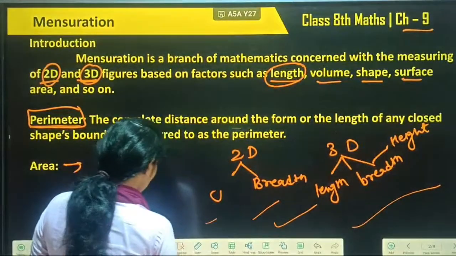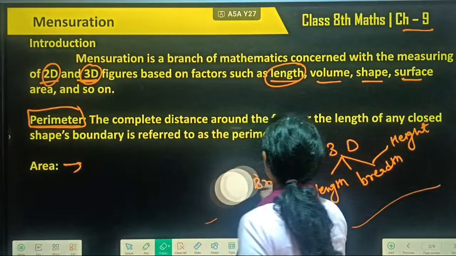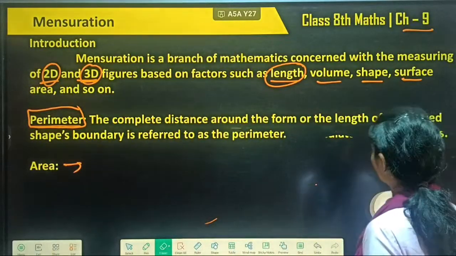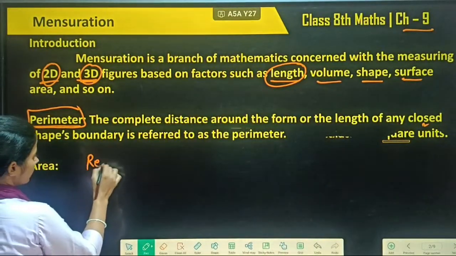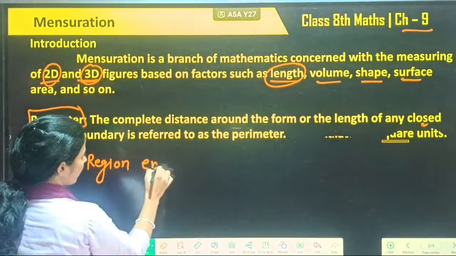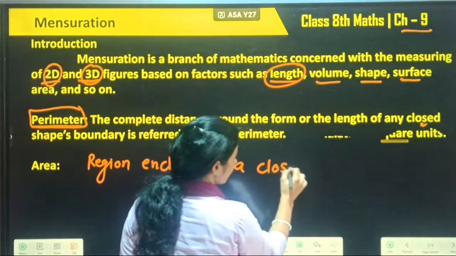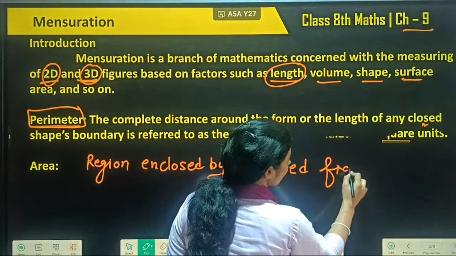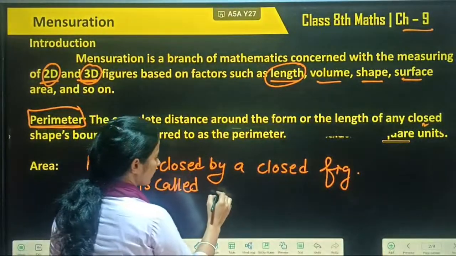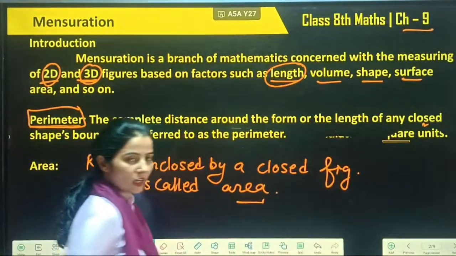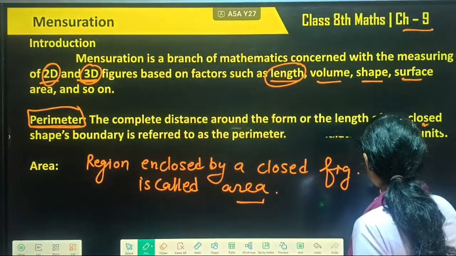What definition will you write? Region enclosed by a closed figure is called the area of that figure, or region bounded by the closed figure.